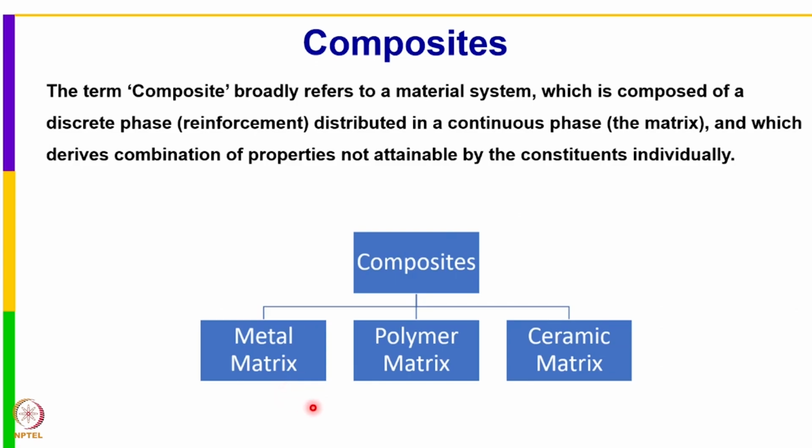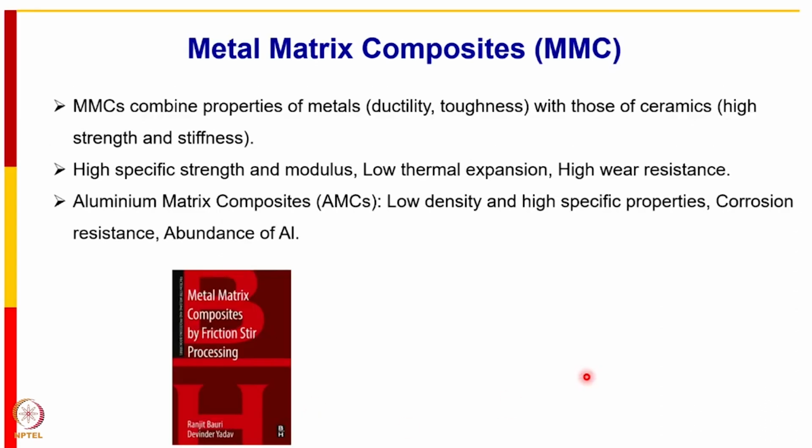If you look at the different characteristics of metal matrix composites, or MMCs in short, they combine properties of metals such as ductility and toughness with those of ceramics such as high strength, stiffness, and high hardness. They possess high specific strength and modulus, low thermal expansion, and high wear resistance.